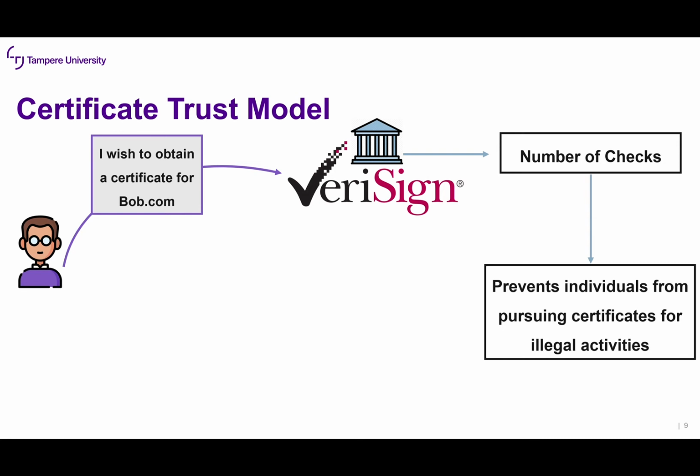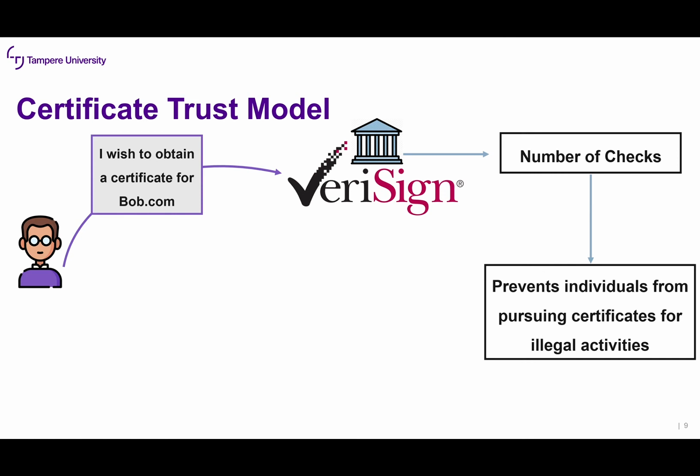Now, usually these checks also help to prevent individuals from obtaining certificates for illegal activities. For example, imagine if I asked to get a certificate for the website Microsoft.com, but I had replaced the I's with ones.